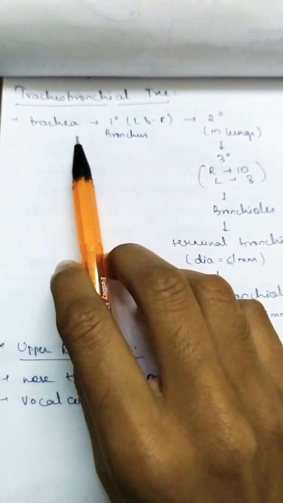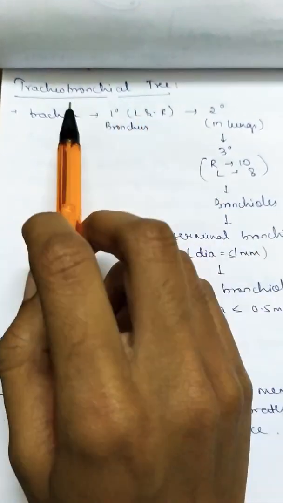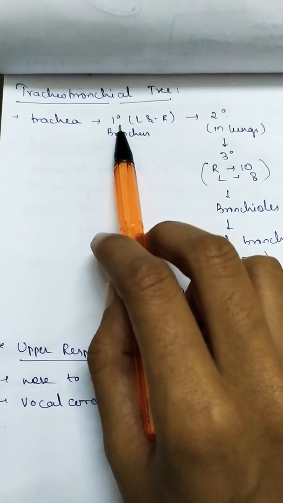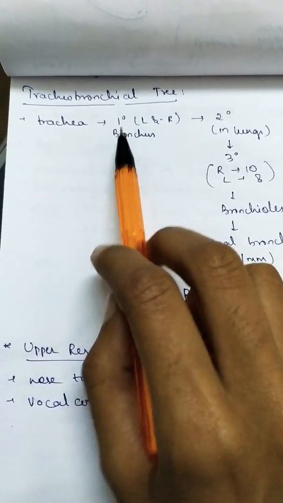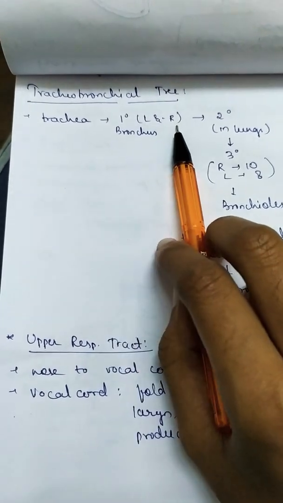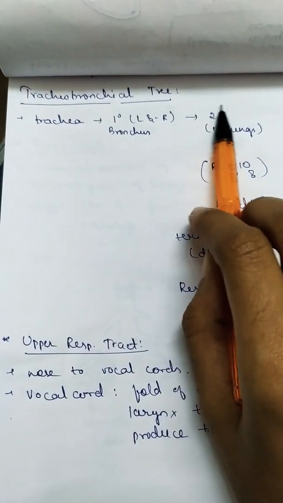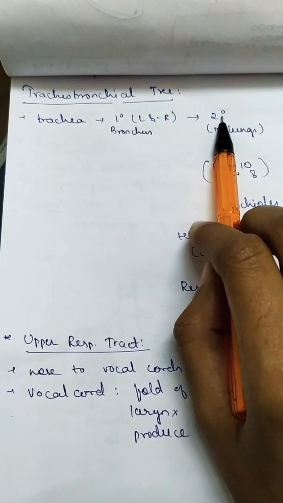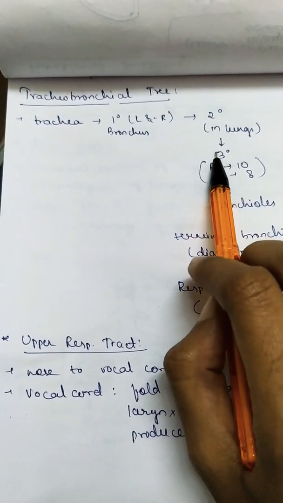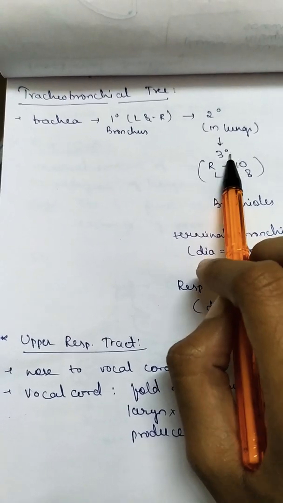Next, the tracheobronchial tree. The trachea is going to divide into the primary bronchus, that is into the left and right bronchus, which divides further into secondary bronchus. This is taking place in the lungs. Then it divides into tertiary bronchi.